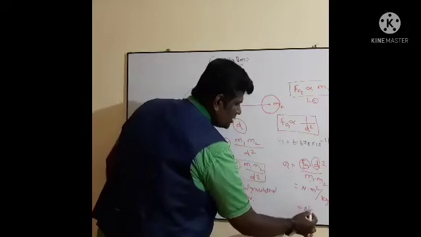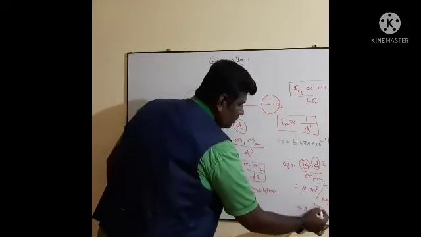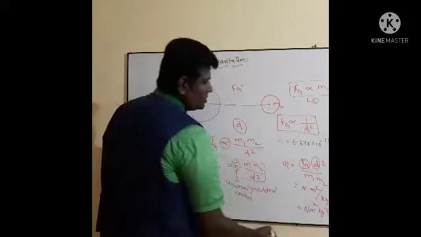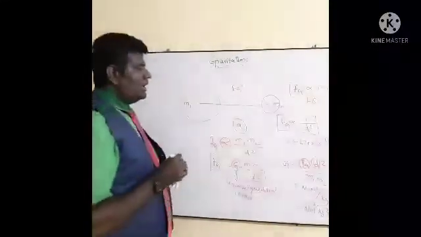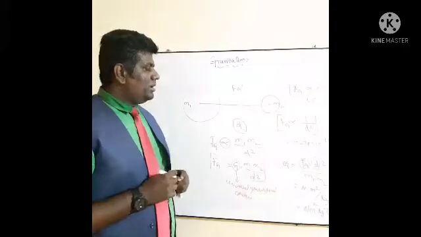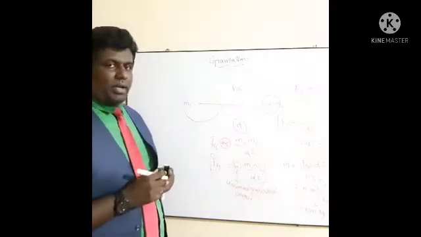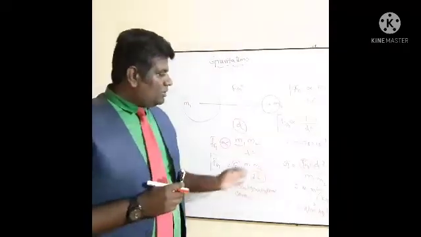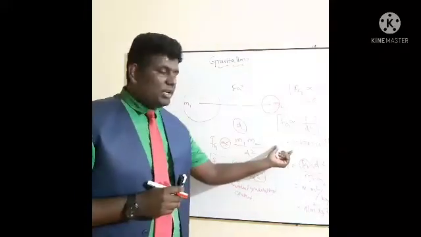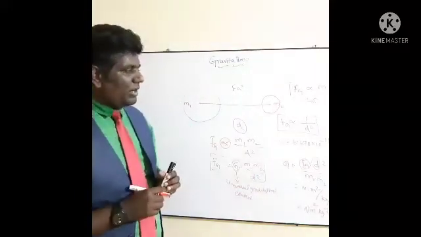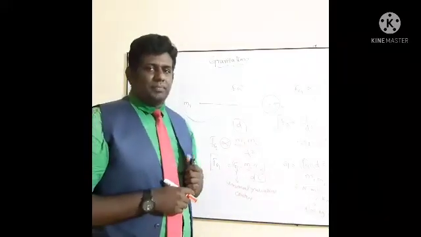Therefore, this unit becomes Newton meter square kg to the power minus 2. This is the equation for the force of gravitation, and the universal gravitational constant is 6.673 into 10 to the power minus 11. Okay.